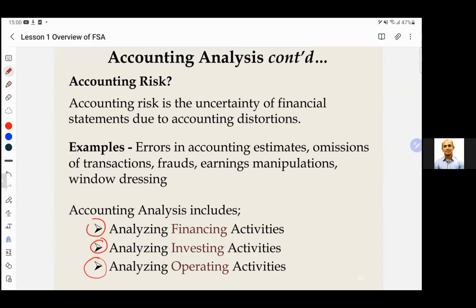If you see financial statements logically, these 3 activities you can see from financial statements. From your financial statement, these are the 3 activities you can find out: investing, financing, and operating activities.